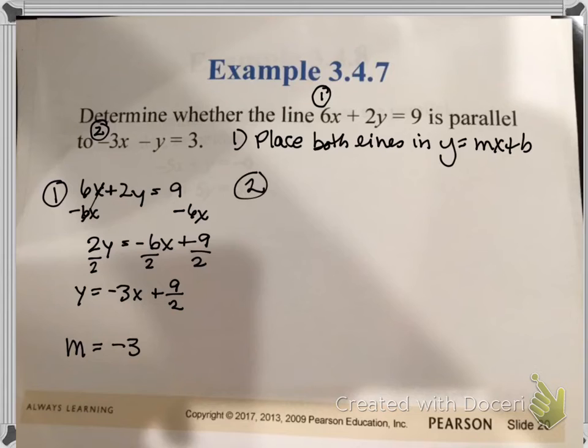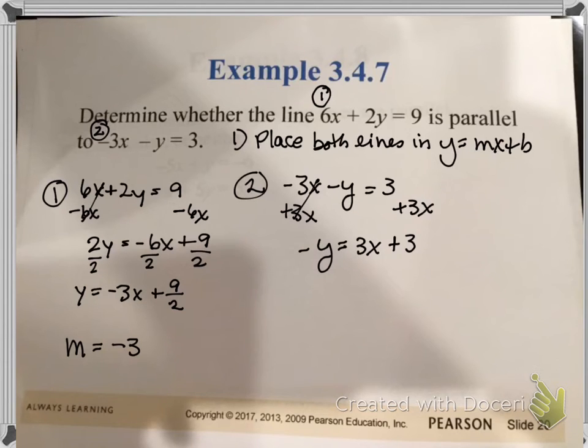Line number 2. -3x minus y equals 3. I'm going to add 3x to both sides because I need to remove it off that side. I get -y equals 3x plus 3. Now I have a negative in front of y, so I'm going to divide by a -1, which allows me to change all of the signs.